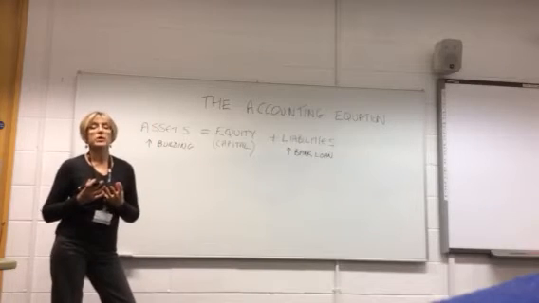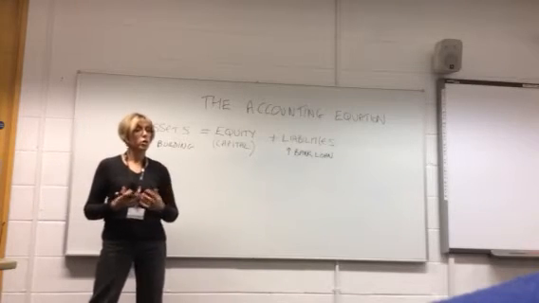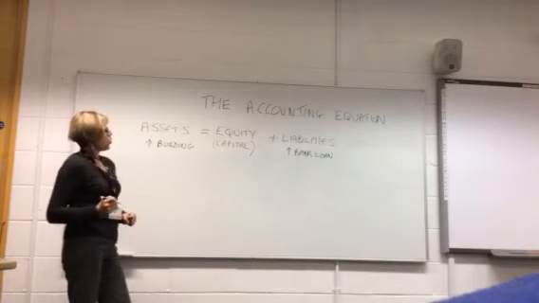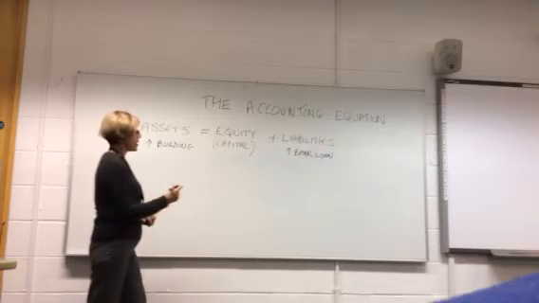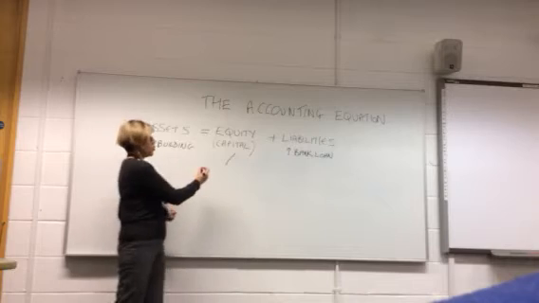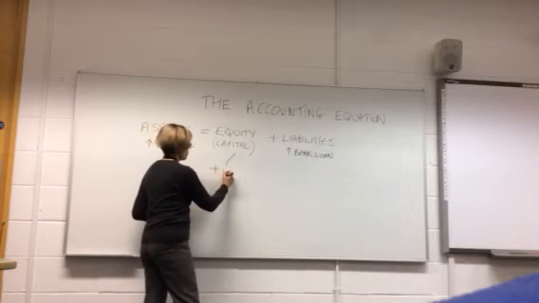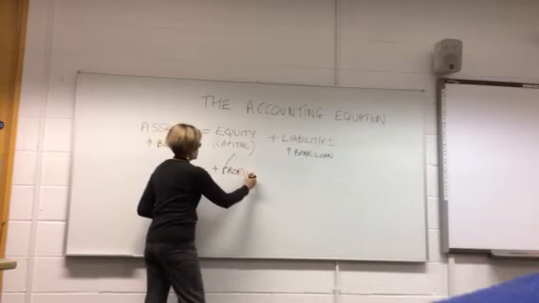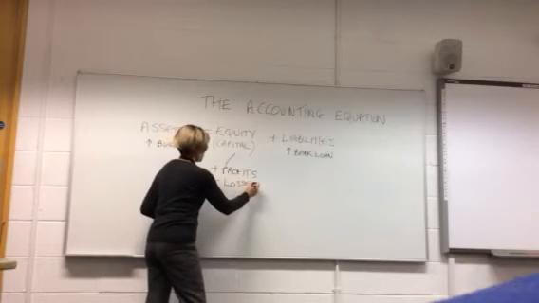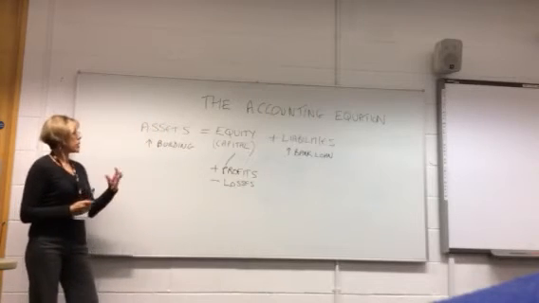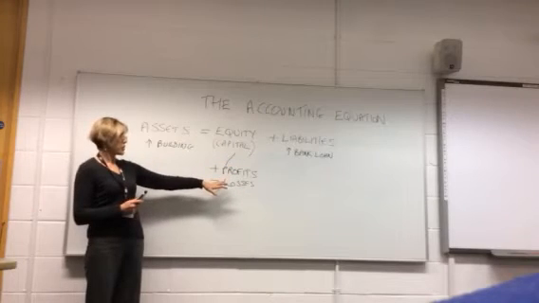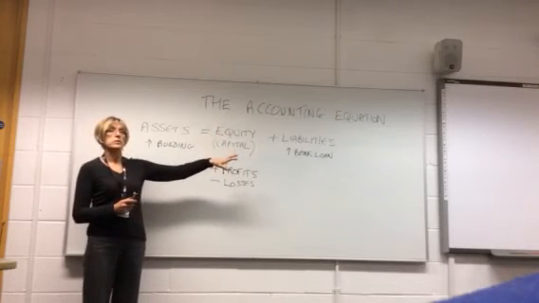Because if a business makes profits, those profits belong rightfully to the owners of the business. So in fact, we can say that within the equity, we capture the profits or the losses. So our expanded accounting equation becomes assets equals equity plus profits or minus losses plus liabilities.